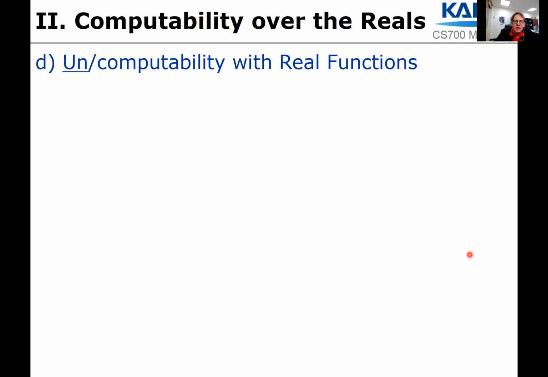And we would proceed to discuss examples of computable real functions and counterexamples of uncomputable real functions.